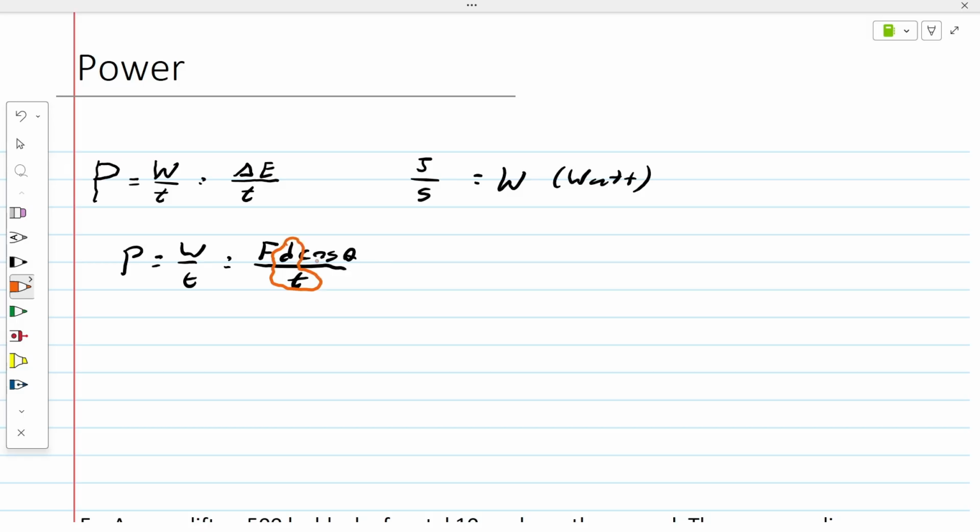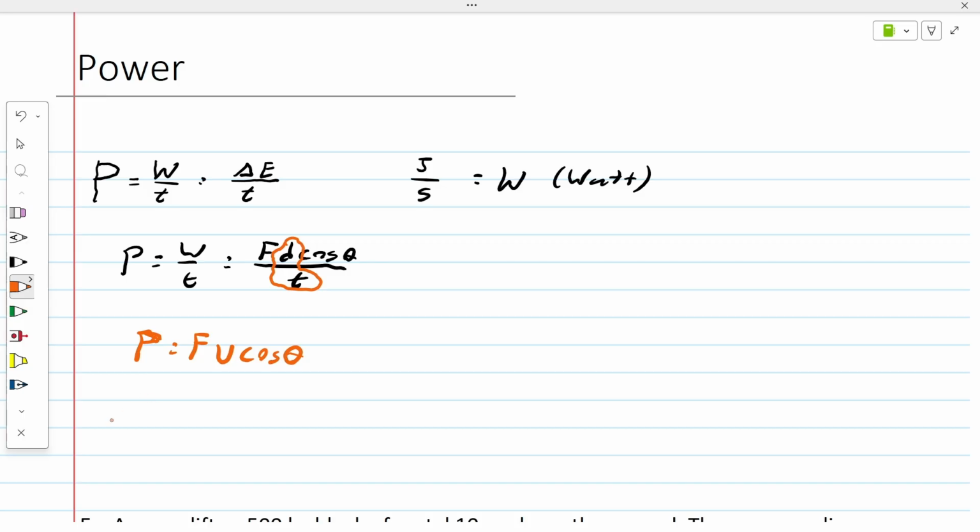And we know that distance over time just equals the velocity. So we can rewrite power as equal to the force times the velocity, cosine of theta. And so you may have questions that give you velocity, and you can use that to solve for the power.